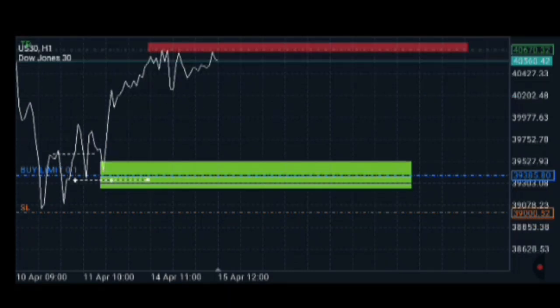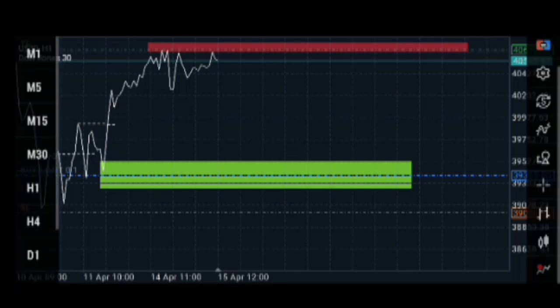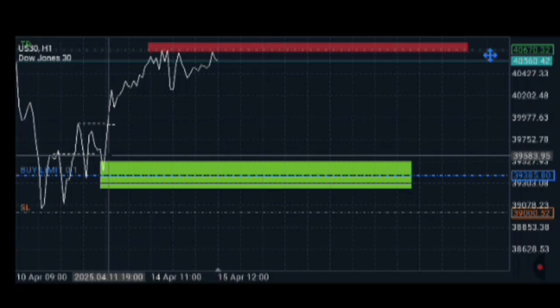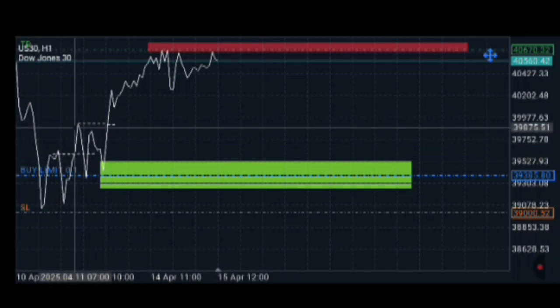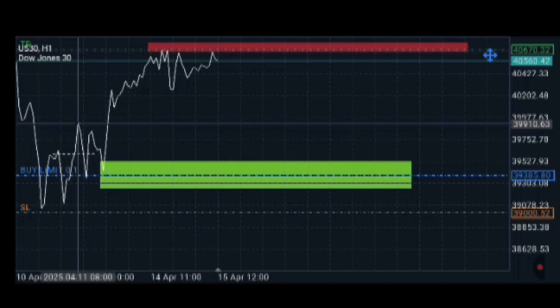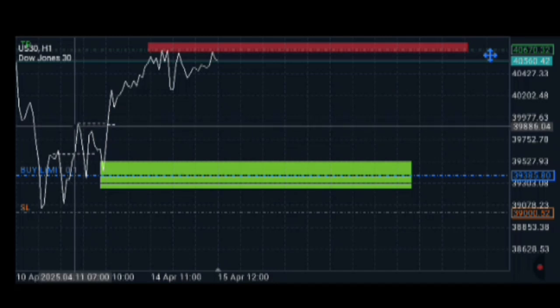I've already explained what the market shift is in the video, and this is the higher point that confirmed it for the market right now. This is the highest point. See where I'm marking it.